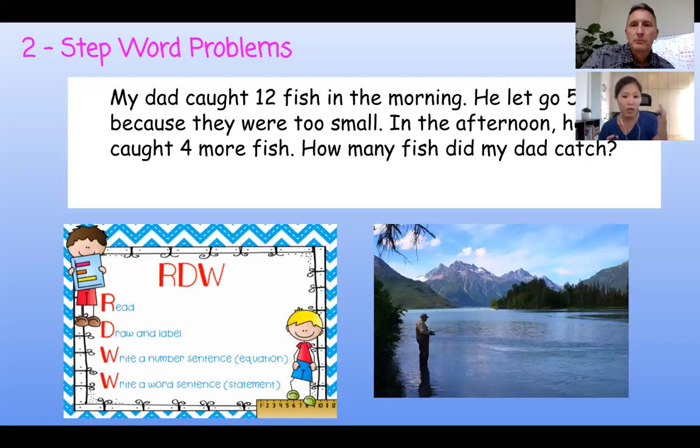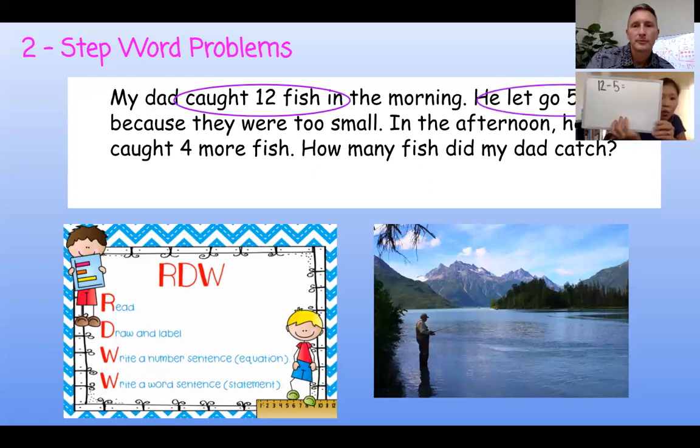Okay, I'm going to reread again. I'm going to do my R again. So my dad caught 12 fish in the morning. I have 12. He let go. So I'm thinking it is subtraction. Okay, so I have 12 minus 5. And I'm going to show using a number line.